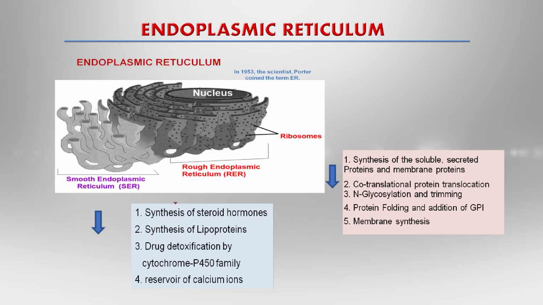So, this is the structure of the endoplasmic reticulum, which connects the cell membrane towards the nucleus. The endoplasmic reticulum is responsible for protein synthesis with the help of ribosomes.